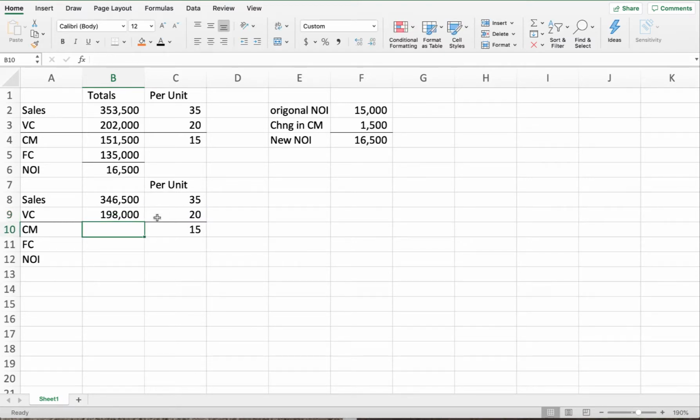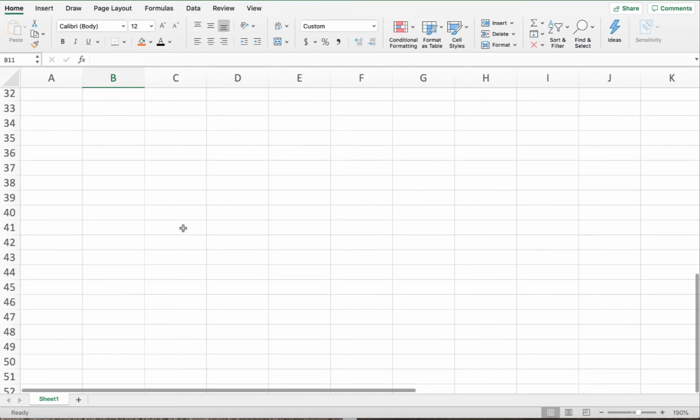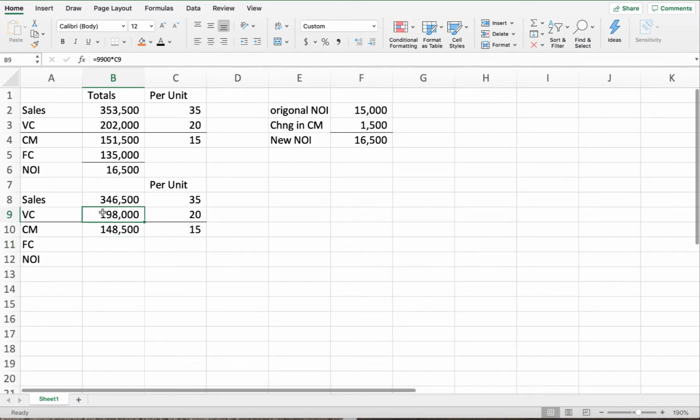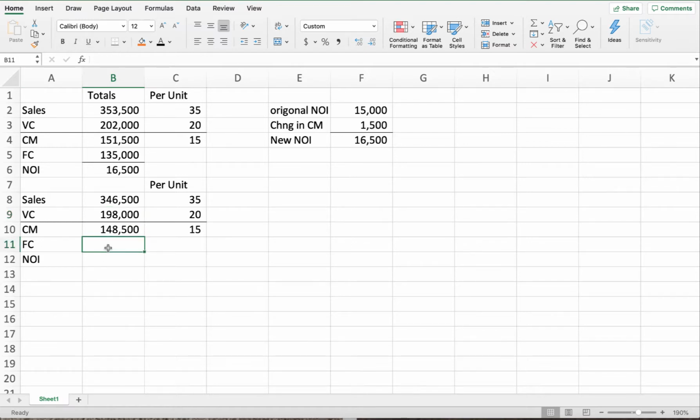Okay? Now check this out. Contribution margin. I could subtract if I wanted to, or I could say, 9,900 times my $15 contribution margin per unit gives me $148,500. I then subtract out my fixed costs, which are still $135,000.